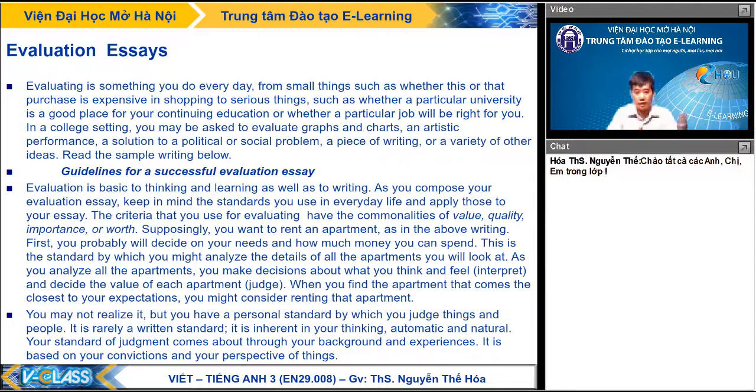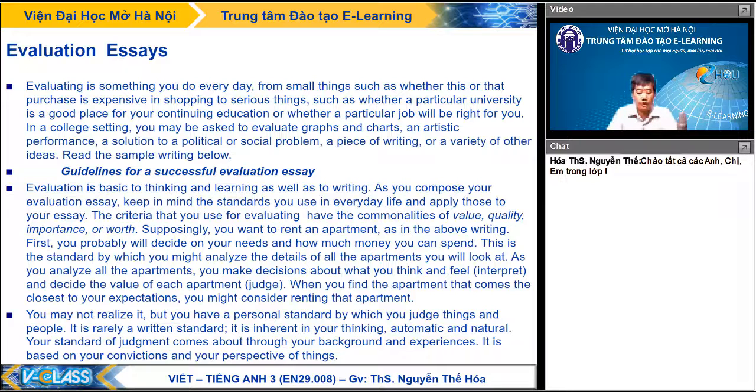And there may be some guidelines for you to write an evaluation essay. Now, evaluation is basic to thinking and learning as well as to writing. As you compose your evaluation essay, keep in mind the standards you use in everyday life and apply those to your essay.